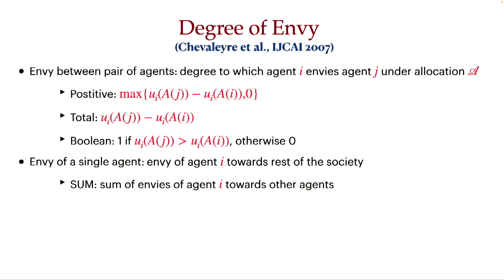Can you once repeat the total? Total is just the difference between the utilities. The difference between the first two is that if I like my bundle more than your bundle, then this will give you 0, but this will give you a negative. So, this is like considering everything: if I like my bundle more than your bundle, it is negative, but if I like her bundle more than my bundle, then that is positive.